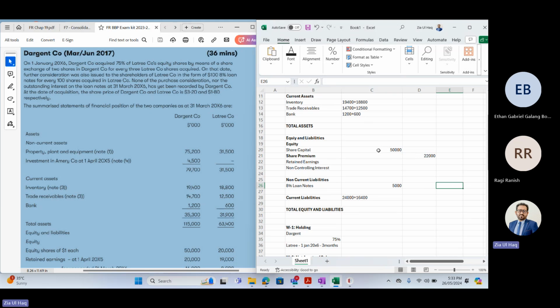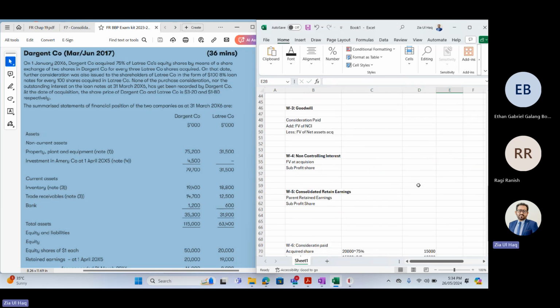And in share capital, 10,000 more we need to add. How much share capital will be there? 60,000.